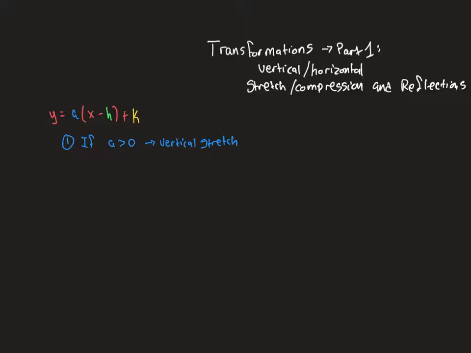So, for example, if I have 3, 4, 5, I would have here a vertical stretch by a factor of 3.